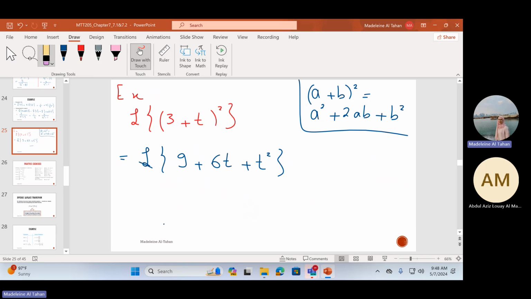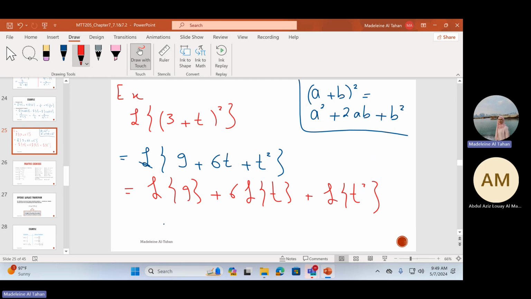Do we agree with this? Now can we separate? How many separations should we have now? It's Laplace of 9 plus 6 Laplace of t plus Laplace of t squared. Right, miss? Okay, please continue it now.